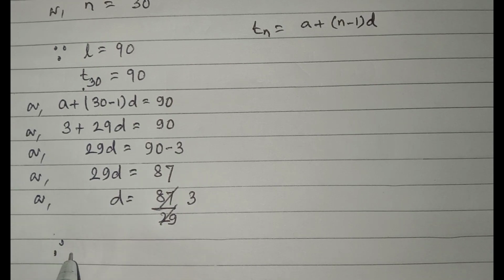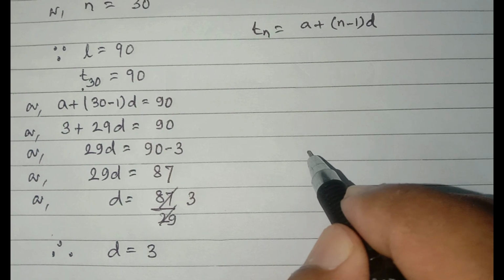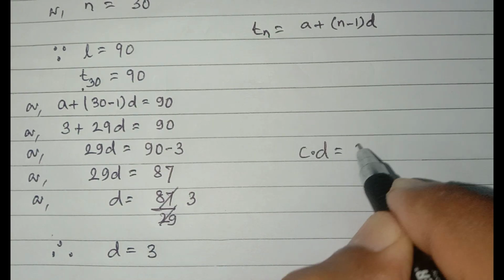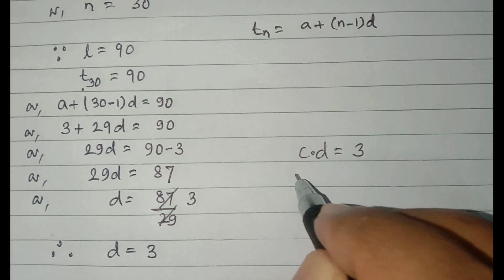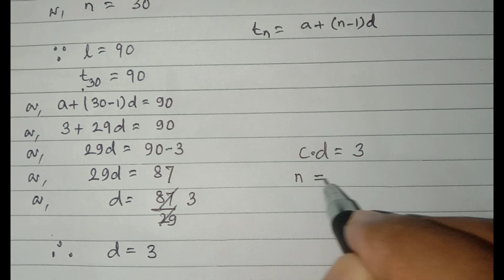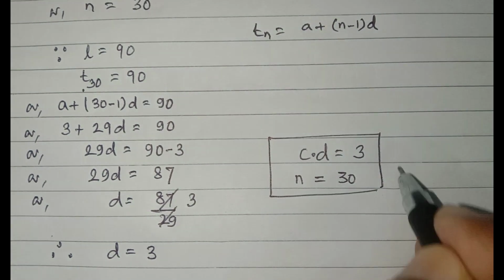Therefore, d is equal to 3. Hence, our answer: the common difference is 3, and the number of terms n equals 30. This is our answer, friends.